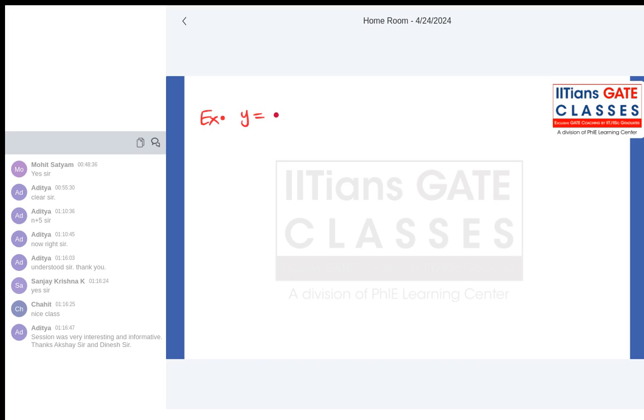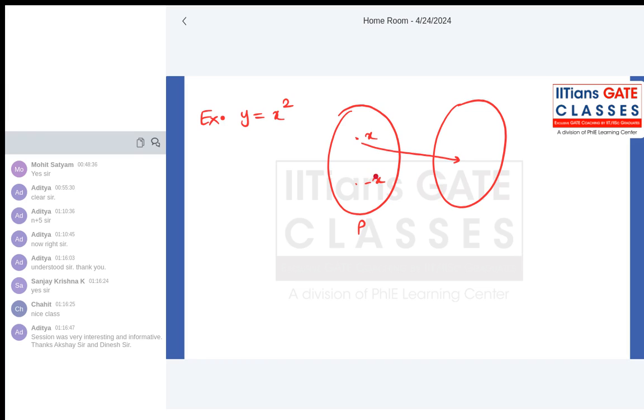Typically, if you take the square function, let's say one element is x and another element is minus x in the set P. It will map to the same value in your range. So this is a many-to-one function.